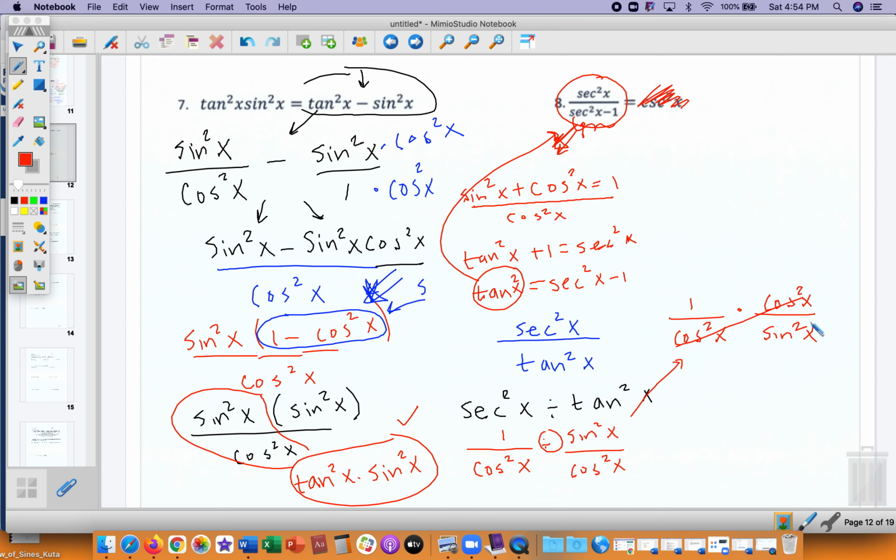Our cos's cancel in numerator and denominator. I have 1 over sine squared x, and looking at our reciprocal identities, we know 1 over sine is cosecant. So we have cosecant squared x. And now we've equaled our right-hand side.